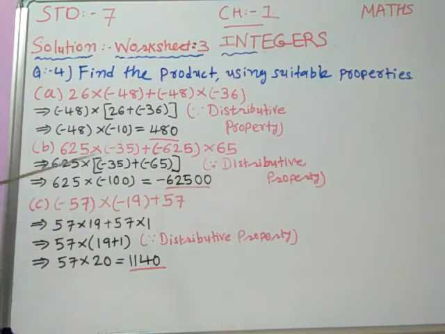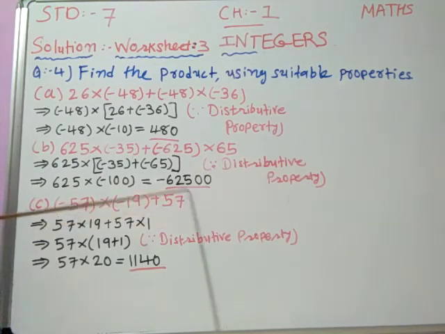62,500. Now see, C. Minus 57 multiply minus 19 plus 57. Here also two terms. First one minus 57 multiply minus 19. Second 57. Now just look, both the signs are minus. In multiplication, if both the signs are minus, it becomes positive. So minus 57 multiply minus 19 we can write as positive 57 multiply 19.